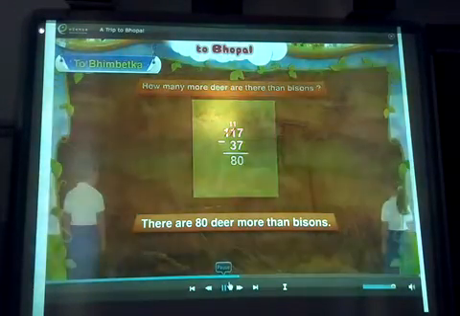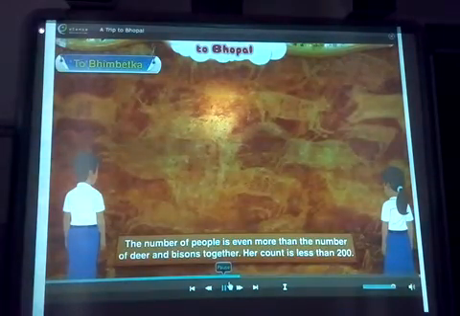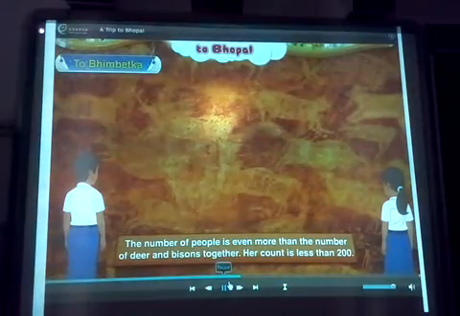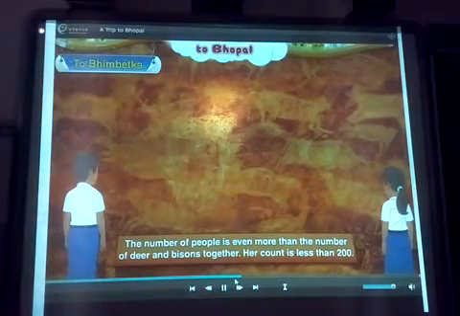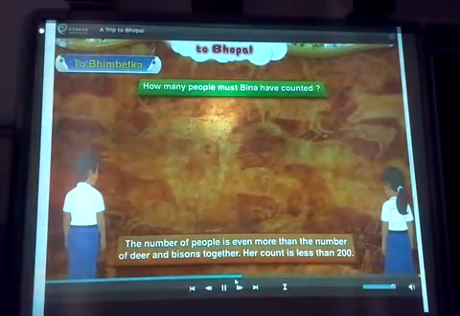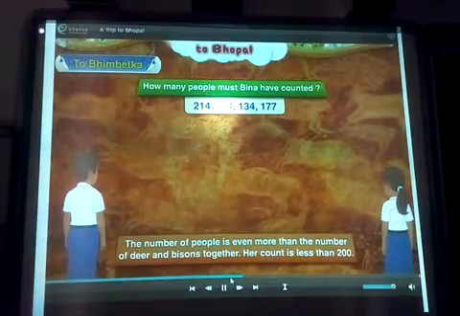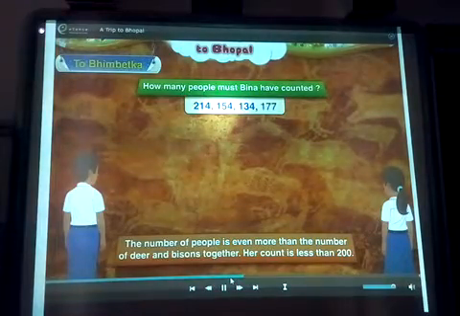But Beena is the happiest because the number of people is even more than the number of deer and bisons together. Her count is less than 200. How many people must Beena have counted? 214, 154, 134 or 177?